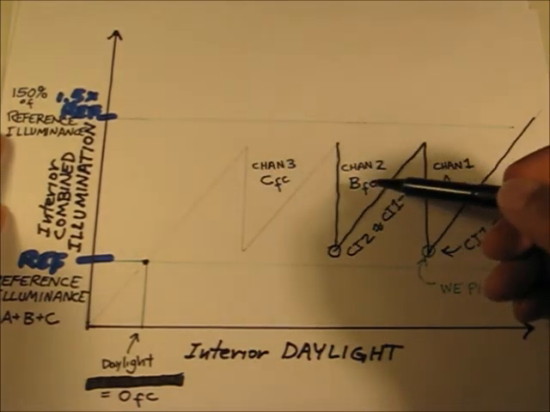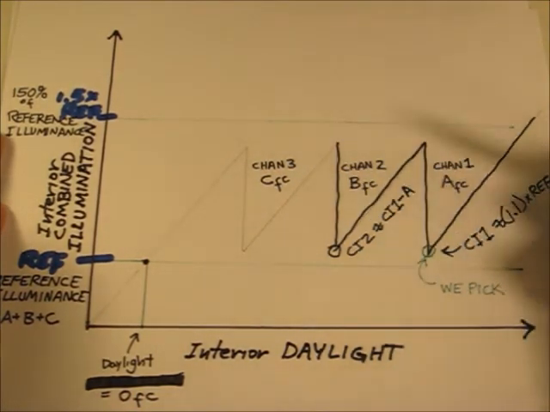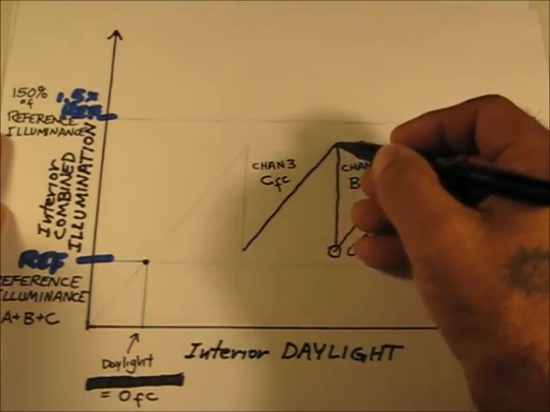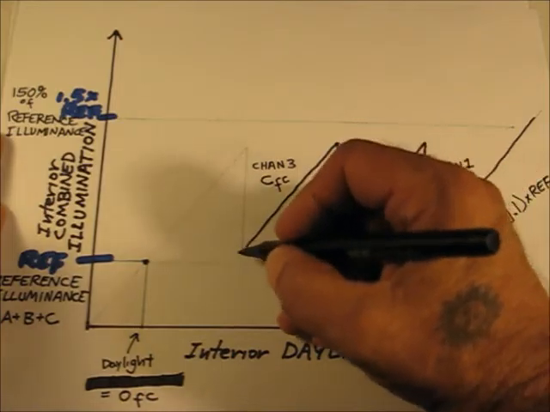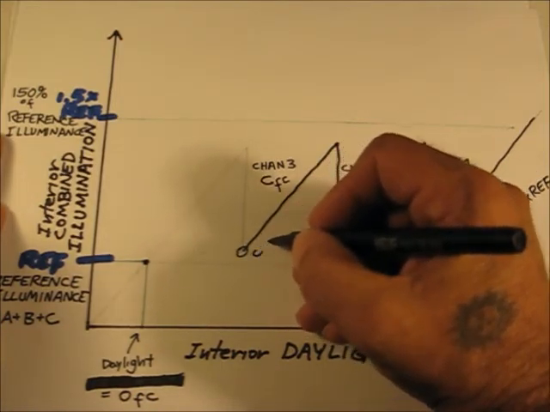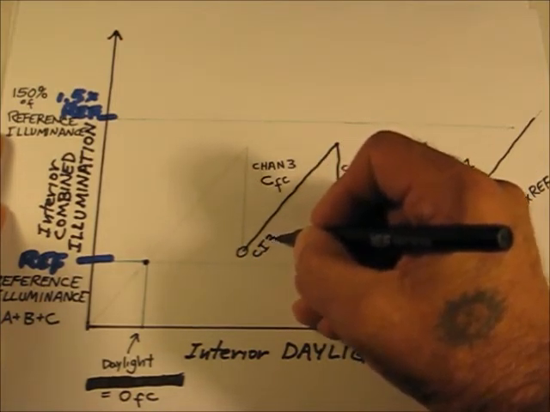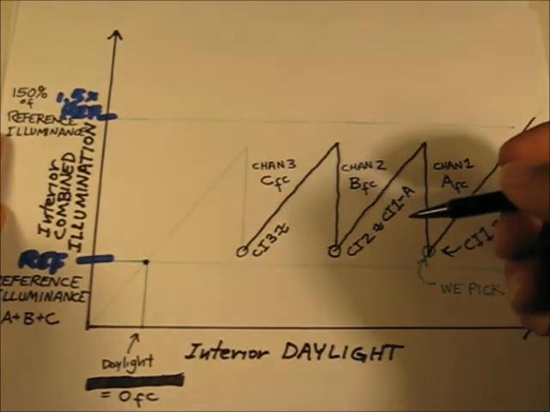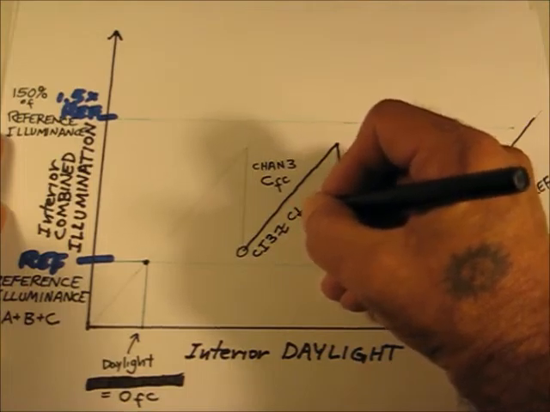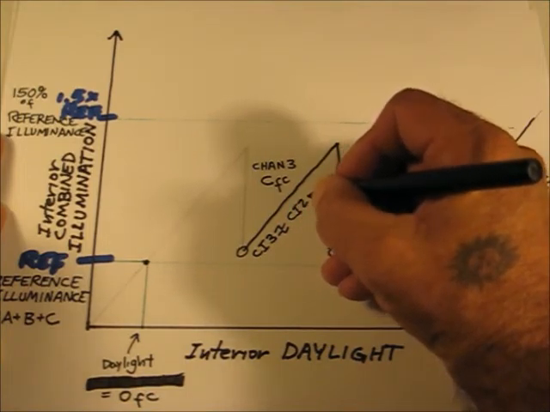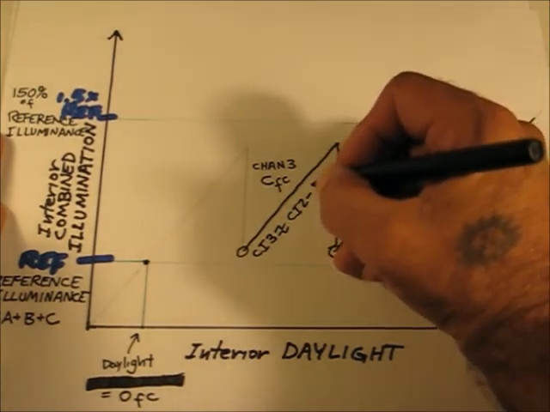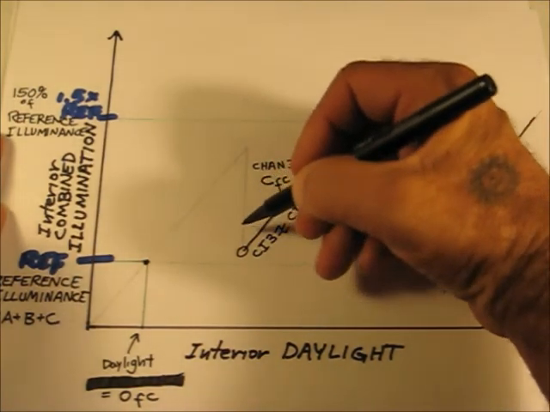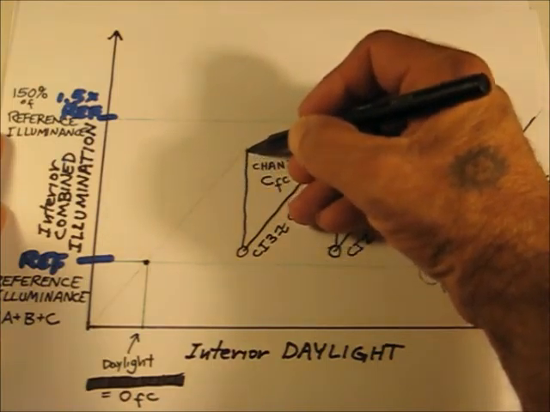Channel 2's lights, which gives us B foot candles. Now, daylight will continue to decrease in the space, bringing us to cut in point 3 for channel 3. And this is approximately equal to cut in 2 minus the foot candles from electric lighting of B. The third stage of lights cuts in.